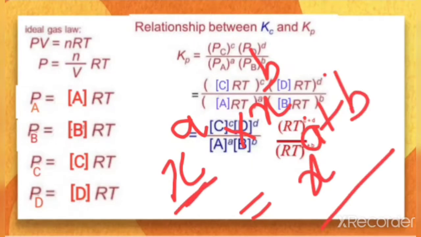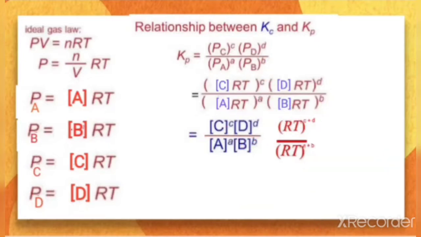That means if the product of the same component has different powers, that can be written as x to the power a plus b. Similar formula we are applying here. RT to the power c, RT to the power d can be written as RT to the power c plus d. Similarly in the denominator also, RT to the power a, RT to the power b can be written as RT to the power a plus b.